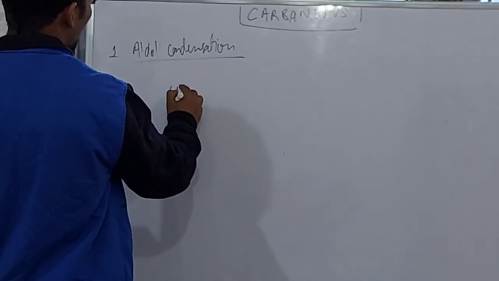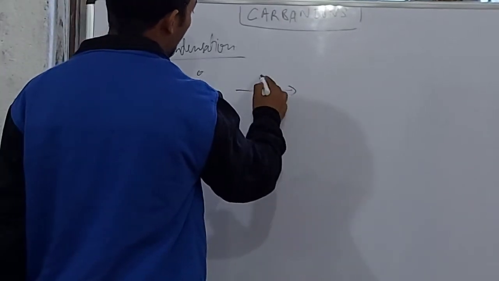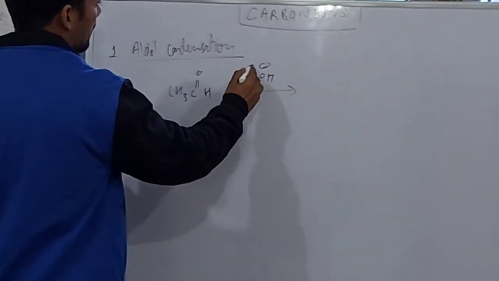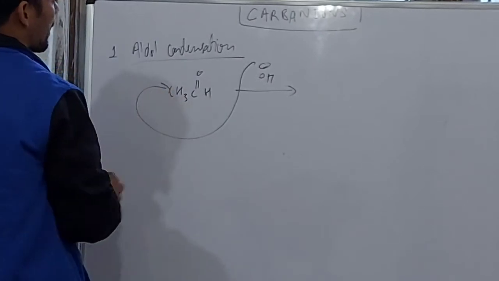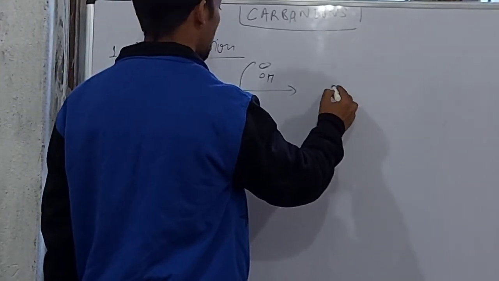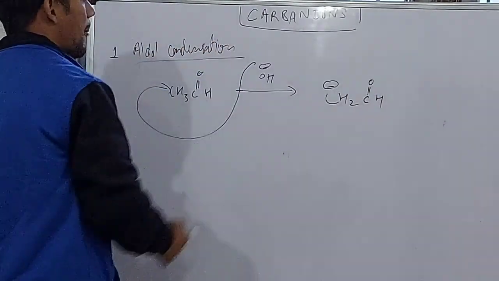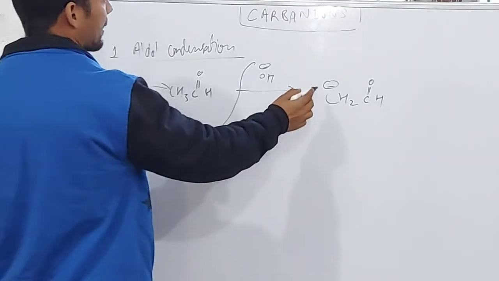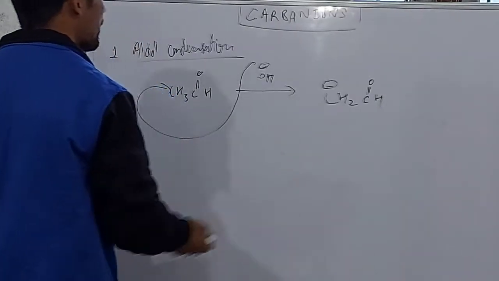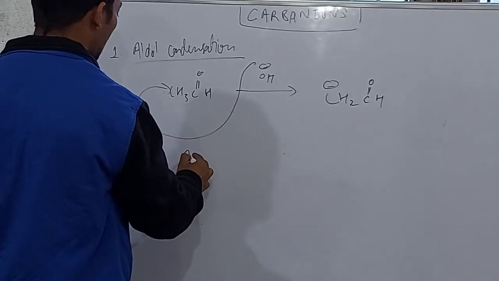For example, suppose we have CH3CHO, and in the presence of base, there will be a nucleophile attack at this position, and we will get a carbanion. So this is a carbanion, and now there will be a further nucleophile attack from this carbanion to this reactant.